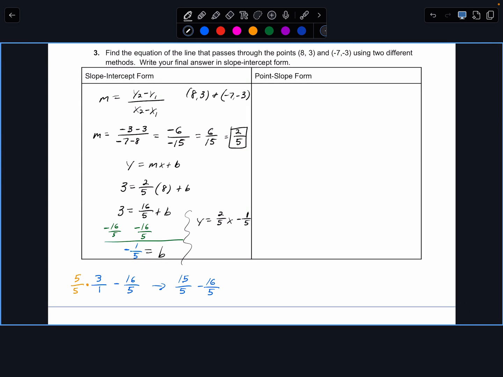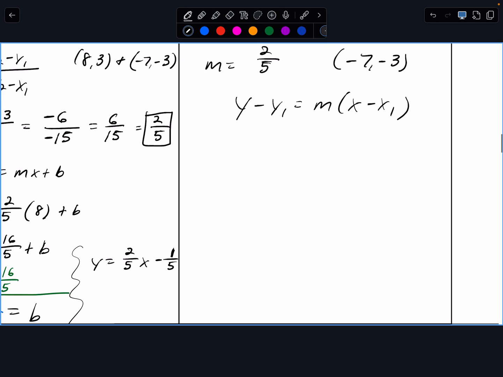Point slope form is y minus y sub 1 equals m times x minus x1. Now, we already did the legwork over here to find the slope. So what is the slope of our line? 2/5. And again, I only need 1 point. So Max, did you want to use the other one to see if it gets the same thing? Sure. Okay, so let's use -7, -3.